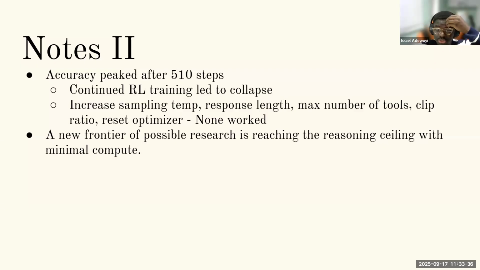So yeah, this is what I said I was going to get back to pretty much later. But the authors observed that the RL training peaked after about 510 steps in total. And again, they tried a bunch of things to fix this.